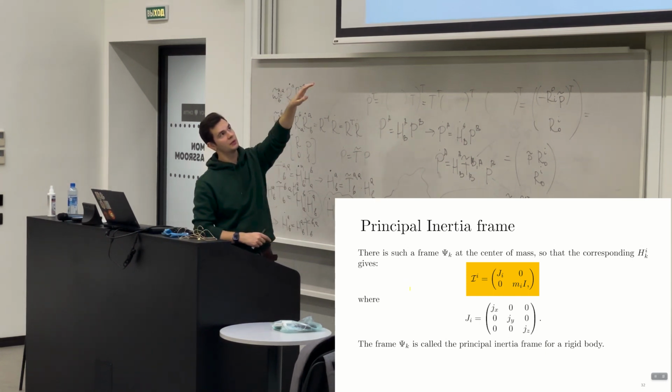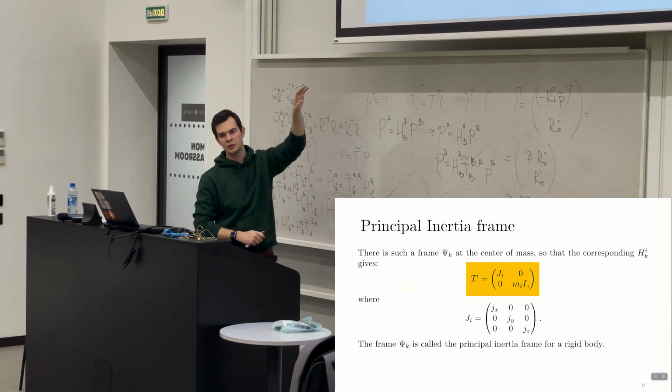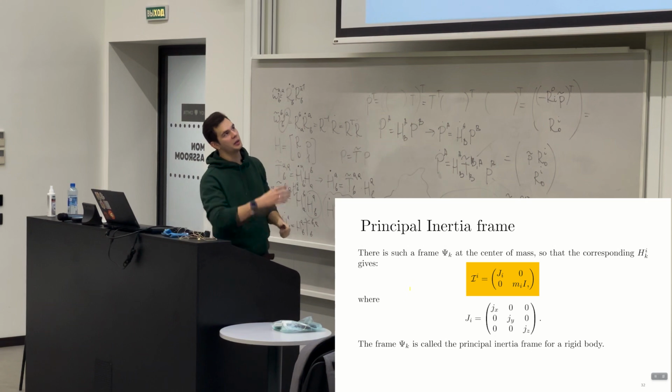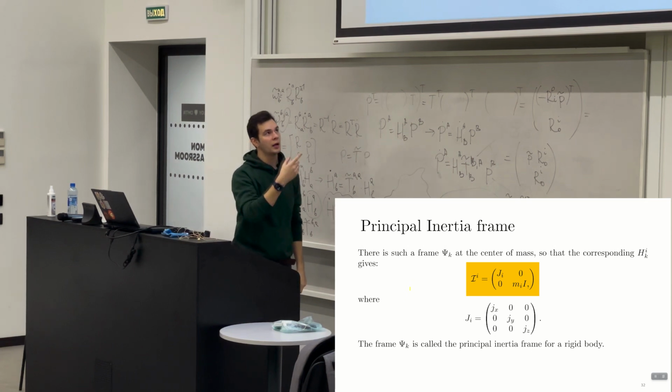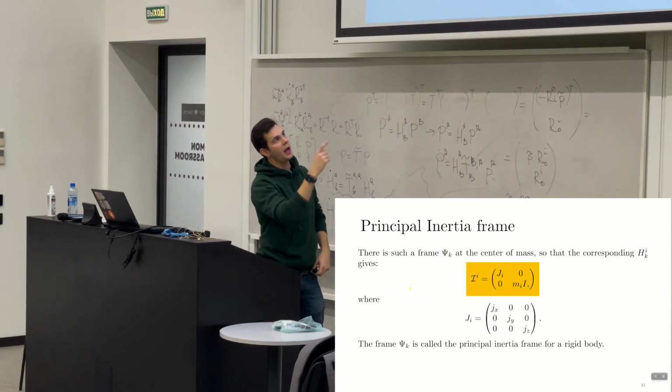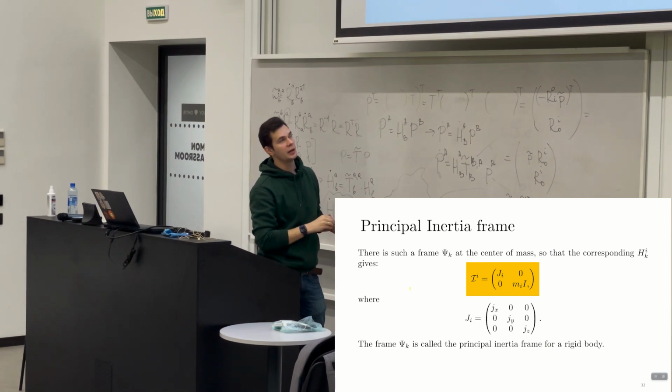So the tensor of inertia will be a 6 by 6 matrix, 3 of them for the angular moment of inertia, and m, just mass, multiplied with the 3 by 3 identity matrix. It will be just m.